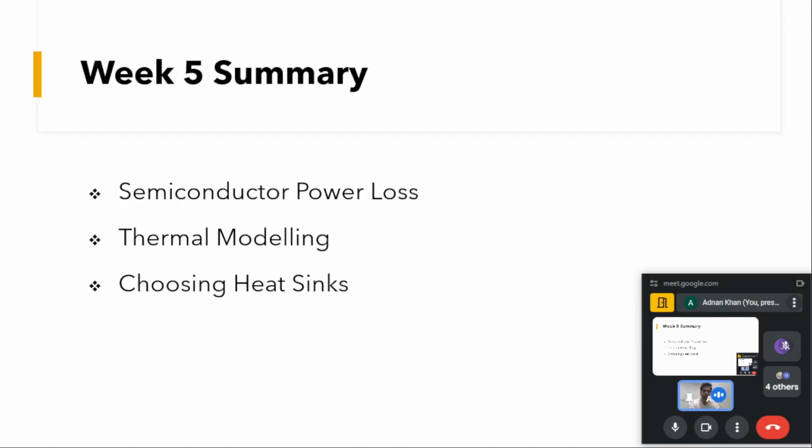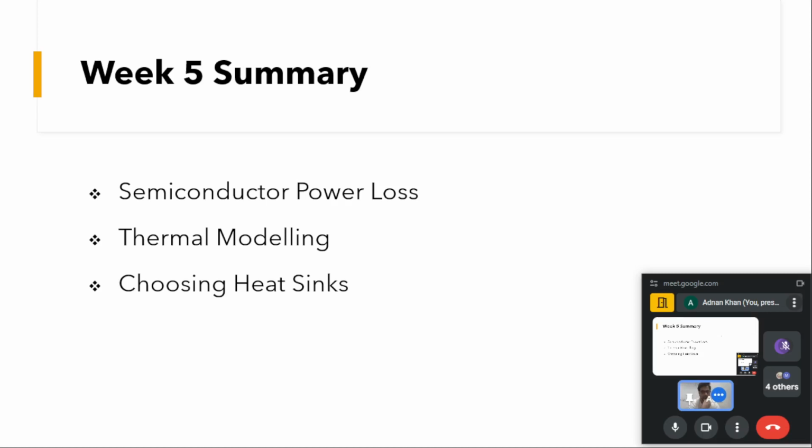So coming to this week's summary, what had been taught in this week: last week we had seen gate driver design and then snubbers, etc. In this week it was all about power losses in the devices, and due to those power losses, we have a rise in the temperature in the devices, and so on and so forth.